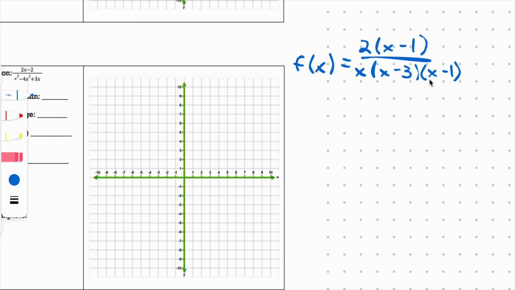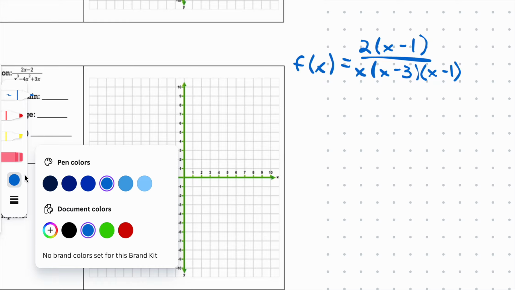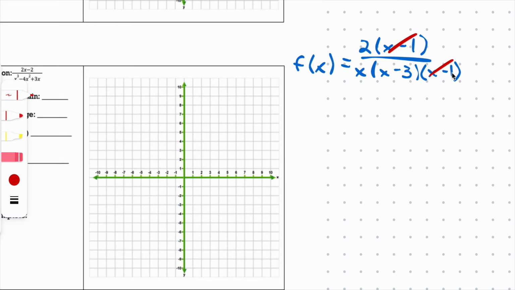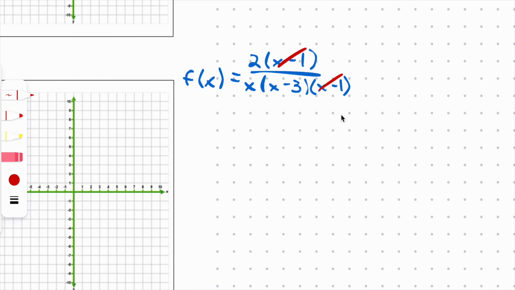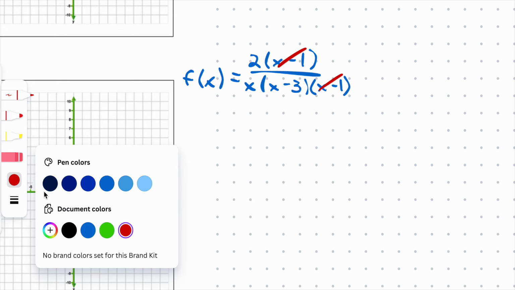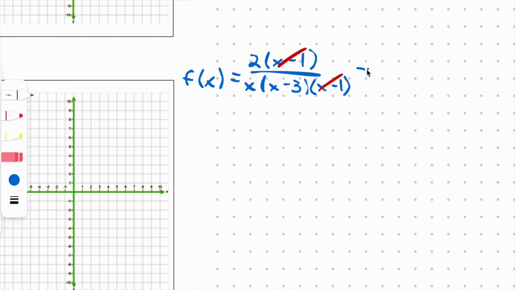Now in this case, we again have an x minus 1 over an x minus 1. So we know we can cancel those out, and in this case, we're going to have a hole. Okay, so once we cancel this out, we have 2 over x times x minus 3.